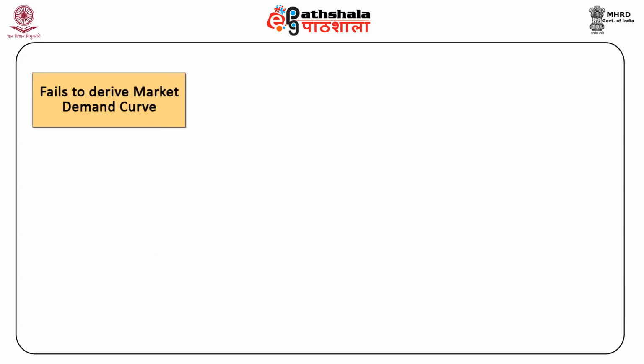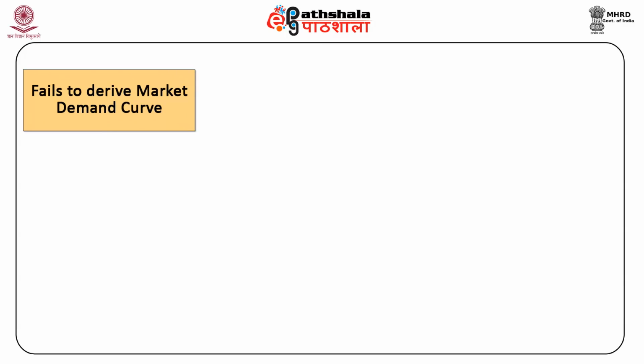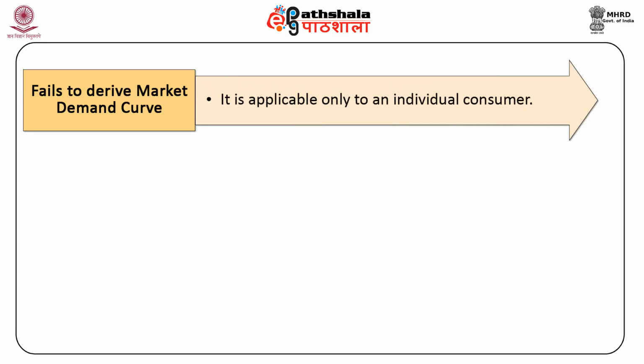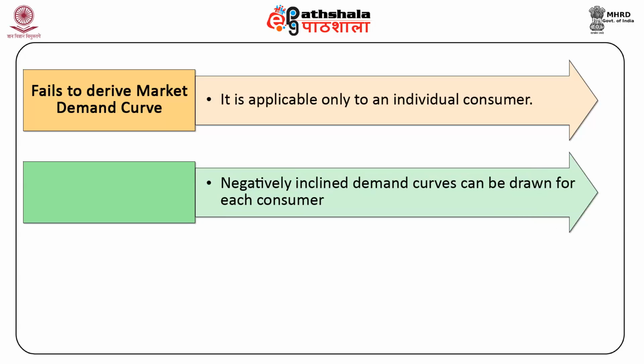Fifth, it fails to derive the market demand curve. The revealed preference approach is applicable only to an individual consumer. Negatively inclined demand curves can be drawn for each consumer with the help of this approach by assuming other things remaining the same.